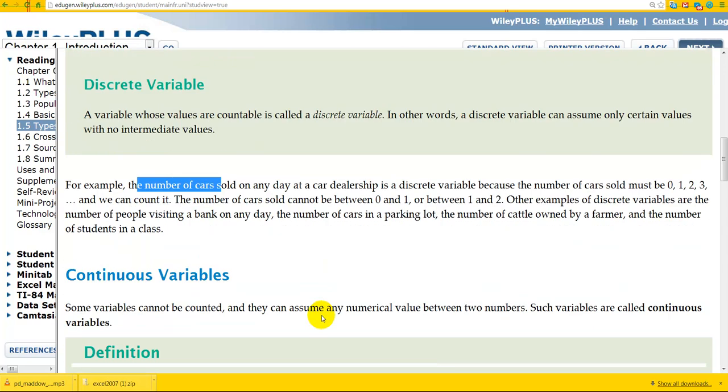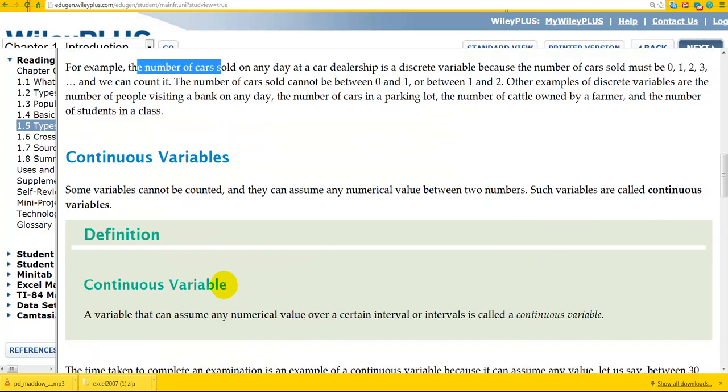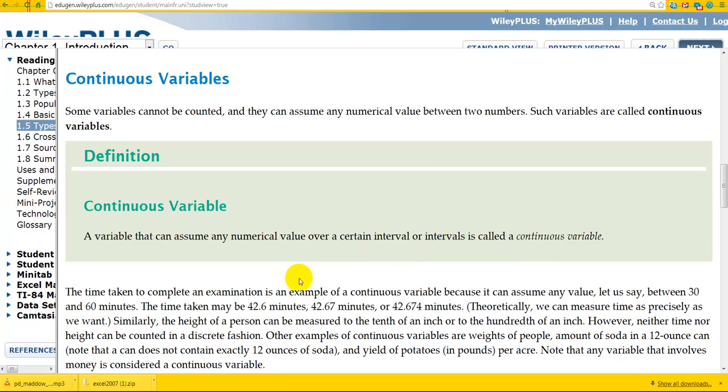Whereas, if you talk about continuous variables, for example, time taken to complete an examination, there is no minimal distance. Like, maybe it took you 1,020 seconds, but it could have taken you 1,020.1 seconds. So the distance between those two is 0.1.